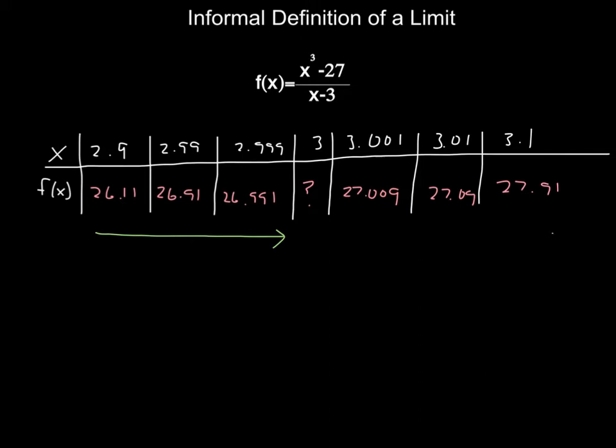As I move in this direction from the right, again my values seem to be approaching something, and the value we seem to be approaching is 27. So I would say the limit as x approaches 3 of f of x equals 27.